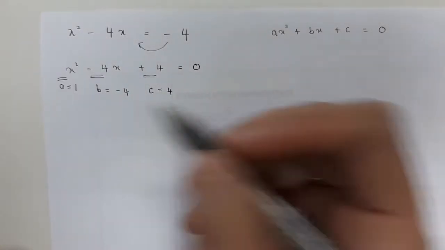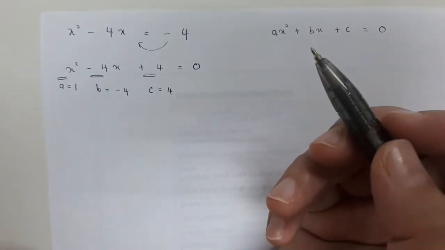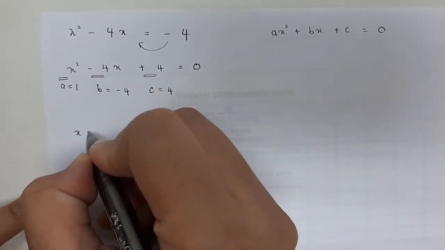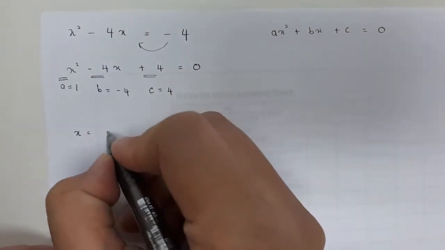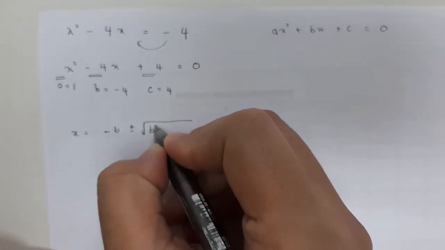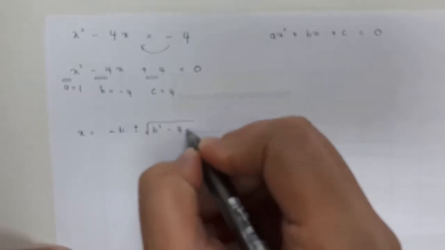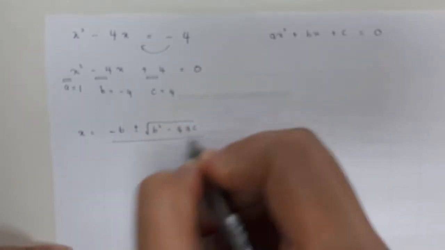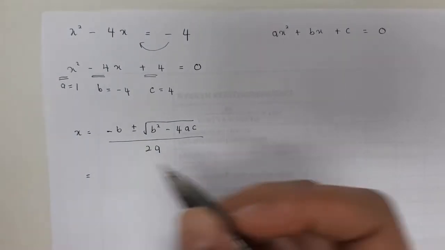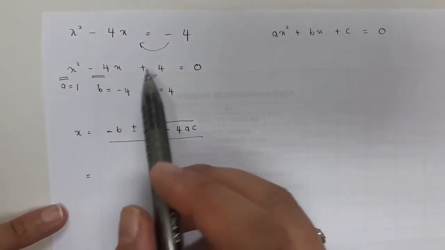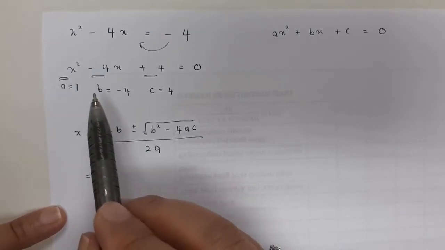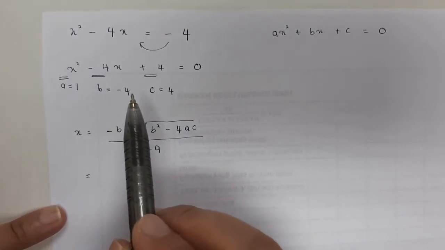Okay, let's solve this quadratic equation by using the quadratic formula. So the formula is x equal negative B plus minus square root b square minus 4ac over 2a. Let's substitute negative b, b is equal to negative 4.